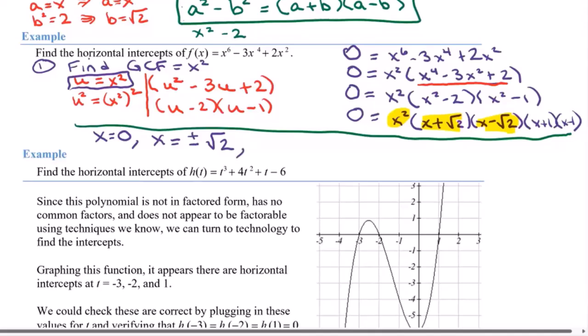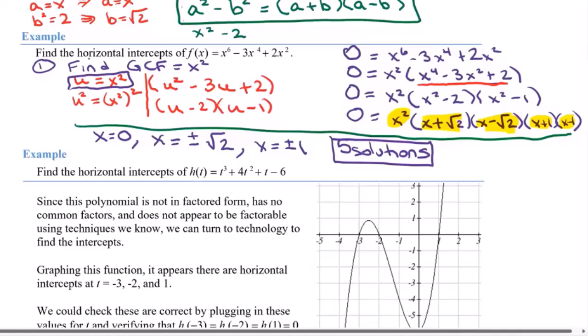And last, I have x plus 1 and x minus 1, and that gives me x equals plus or minus 1 as my other solution. So I actually have 5 solutions to this polynomial.